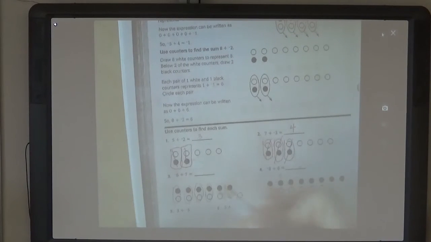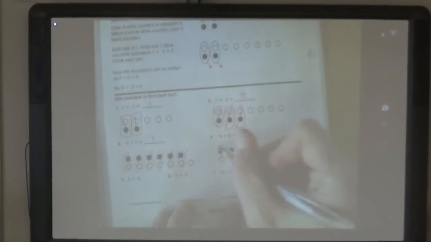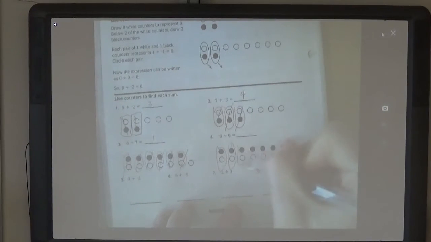Circle the pairs, cross them out, left over 1. Number 4. Circle the pairs, cross them out, left over negative 2.